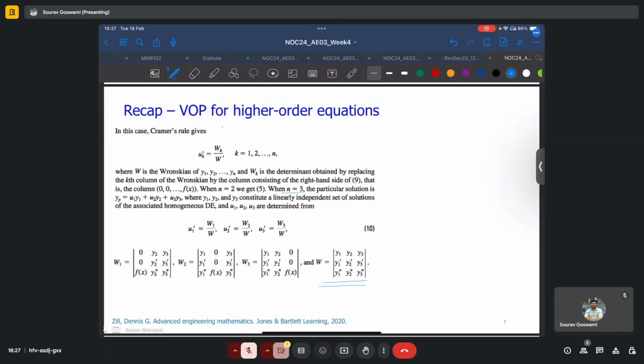The Wronskian W1 consists of replacing this first column with zeros, and just in the last row you have f(x). W2 will involve replacing the second column with zeros with f(x) in the last row. Similarly, W3 will have the third column replaced with zeros and f(x) in the last row.